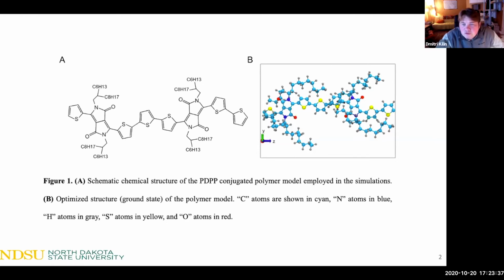Next question from Yvonne about the structure says that structure A seems more complicated than B. You mean about Figure 1? Yes. So Figure B is plotted by VMD. Figure A, I just plotted with some ChemDraw software, for instance.